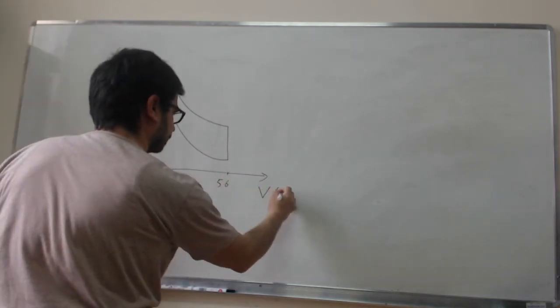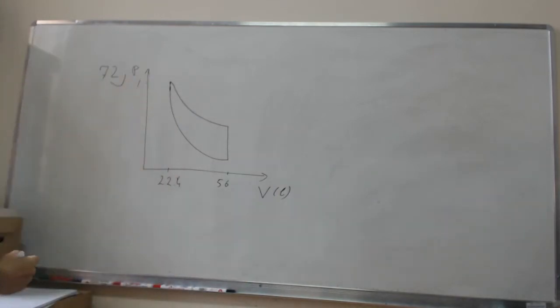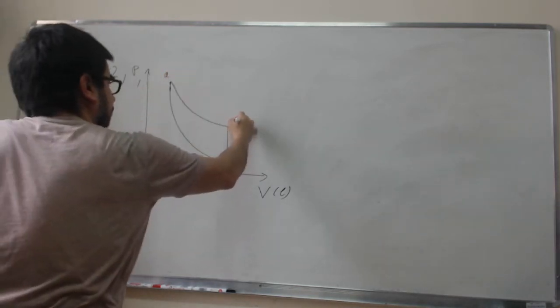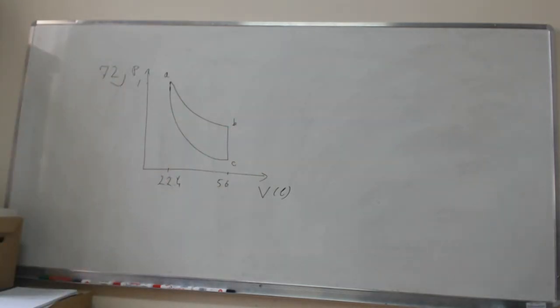And so this is volume in liters. And we have the pressure, so this would correspond to 1 atmosphere, because it starts at STP. So which one is A? This is A, and this is B, and this is C. Right, this is not to scale, probably the figure in the book is much better to scale.